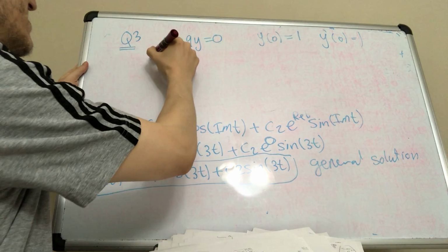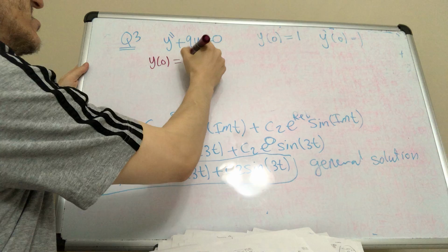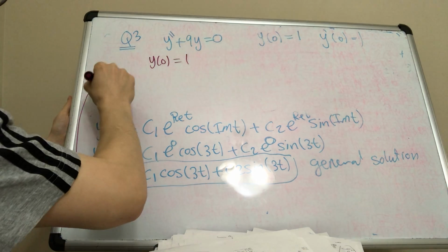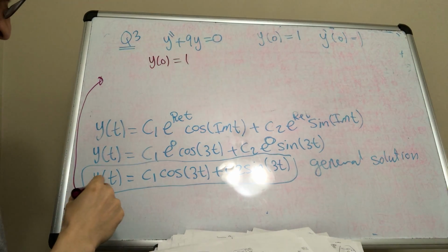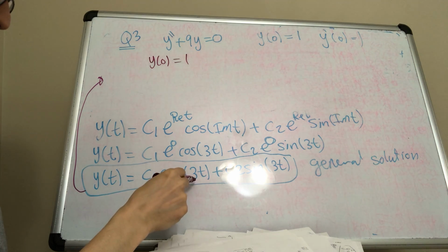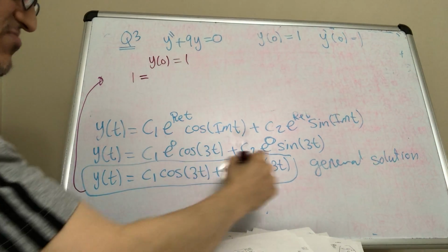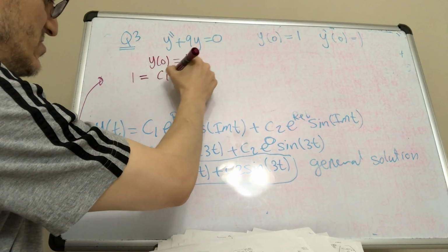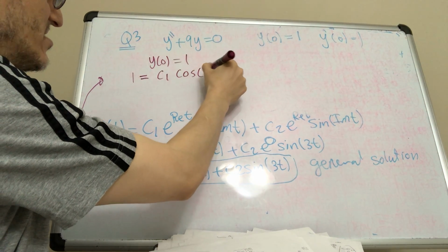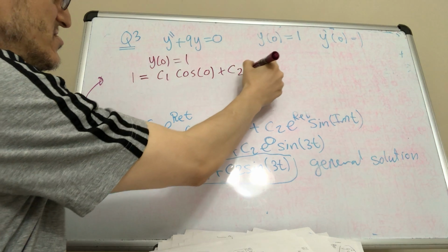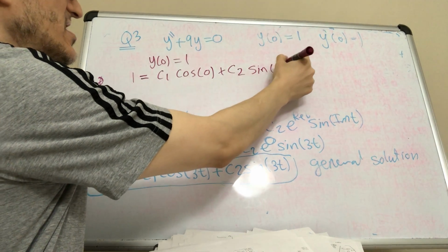I'll use the fact that y at 0 is 1. So from here, if you plug 0, you get 1. So that would be C1 cosine of 0 plus C2 sine of 0.